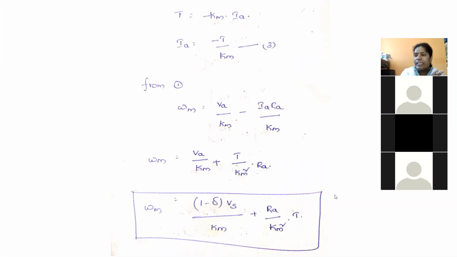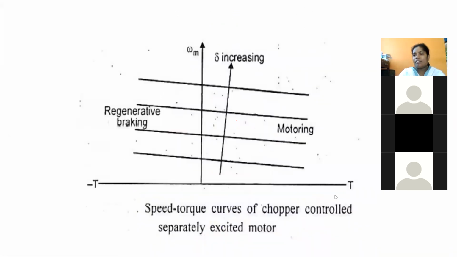That means how the speed is going to be related with respect to torque. Whenever the duty cycle is going to be increased, so in this, that means during second and first quadrant, the major operation is going to be done in the second quadrant. In this way, you are going to get the speed torque characteristics.